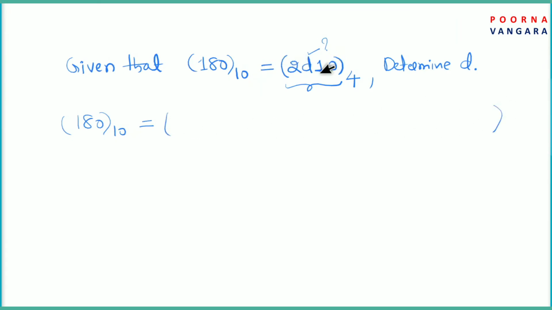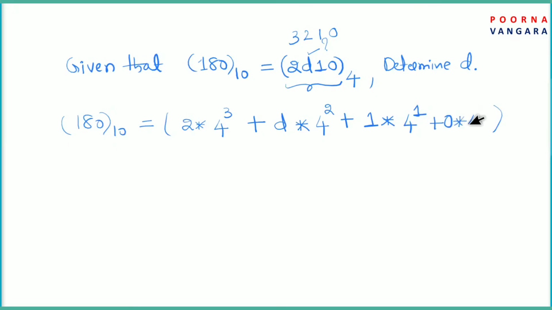So if I consider positions 0, 1, 2, 3, for the first digit 2 the position is 3, that is the reason 2 into 4 to the power of 3, plus next digit is D and the position is 2, so the weight will be 4 square, plus digit 1 and the weight is 4 to the power of 1 because the place is 1. Next 0, 4 to the power of 0. The same thing I have applied previously, how we have written the weighted sum representation, same thing I have done here.